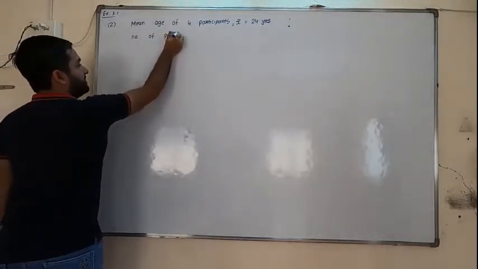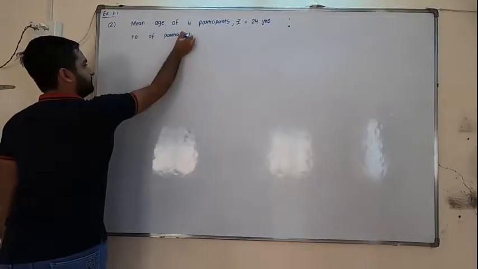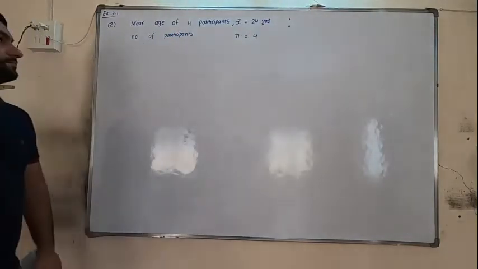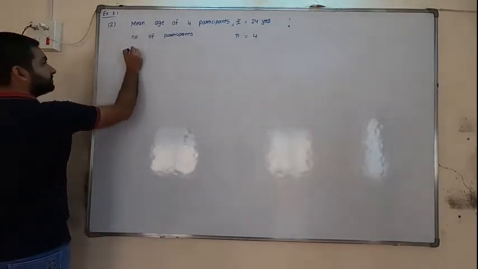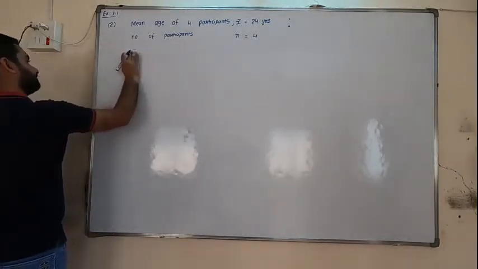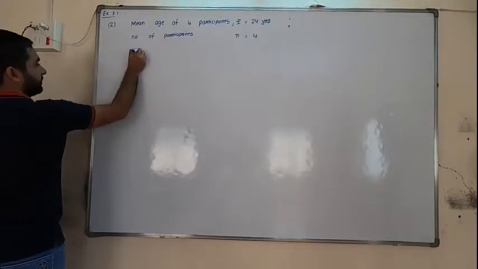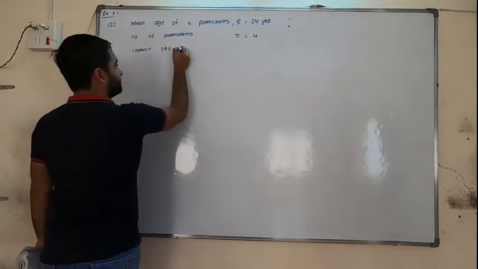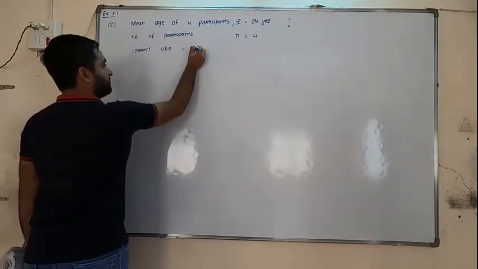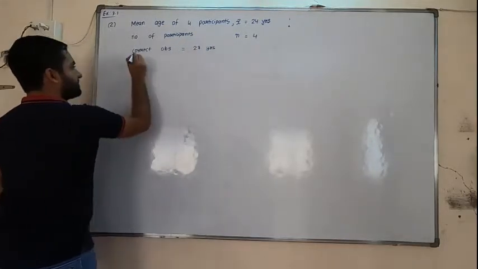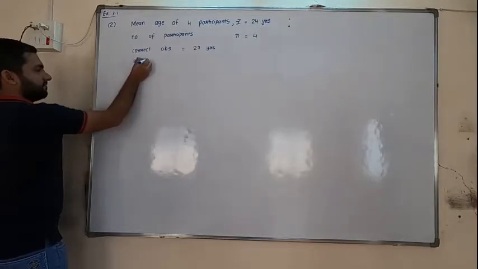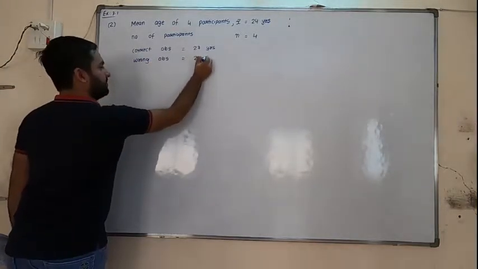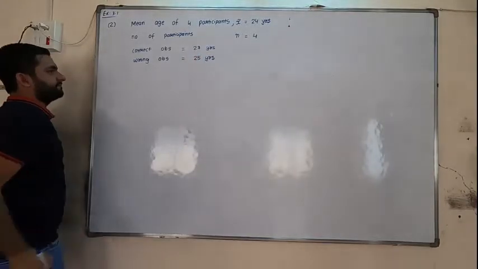Number of participants, n is equal to 4. Correct observation is equal to 27 years. Wrong observation is equal to 25 years.